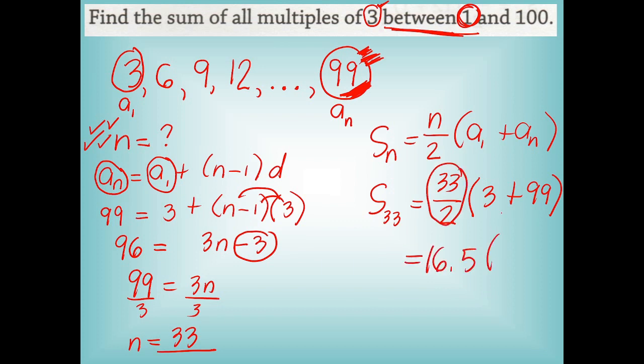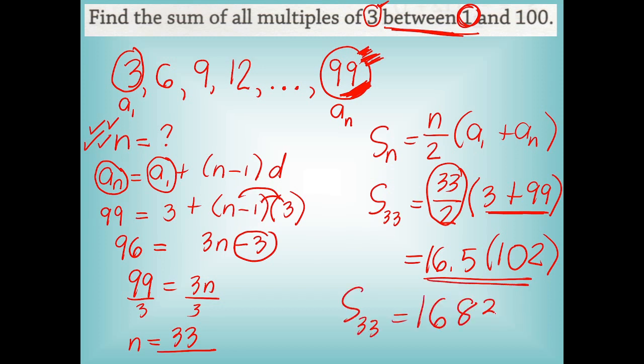Multiply that by 102. Multiply 102 and 16.5. How much do you get? 1,683. That is the answer to our question. The sum of all multiples of 3 between 1 and 100 is 1,683.